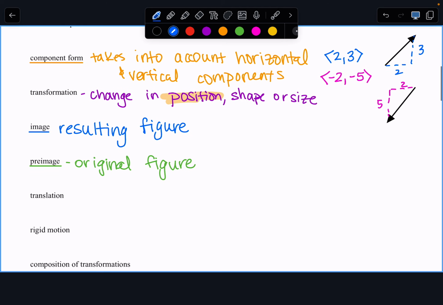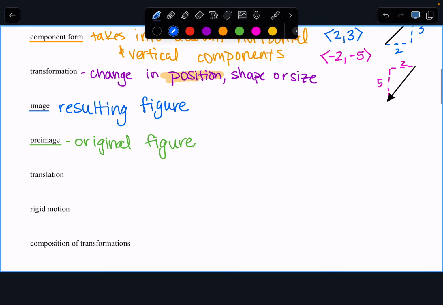But what we're going to do this week specifically is what we call a rigid motion. I'm going to skip and come back to translation. A rigid motion means that our image and our pre-image are congruent. If we're talking about a triangle or a quadrilateral or a pentagon, if I'm saying they're congruent, what does that mean?